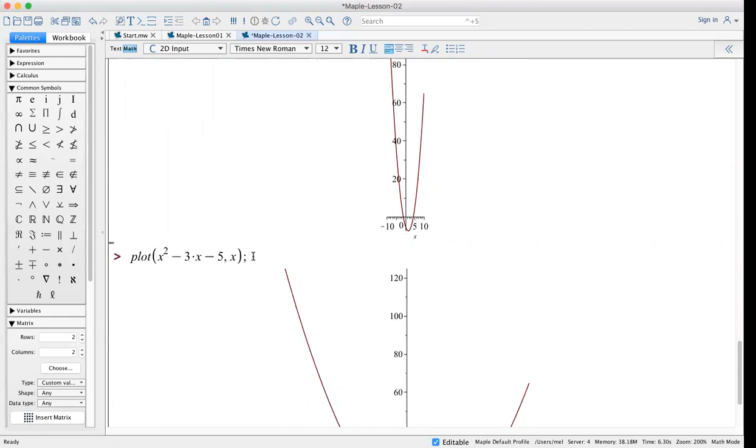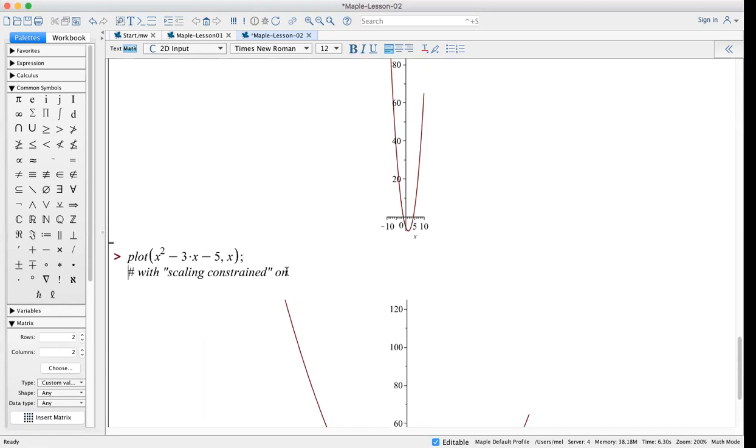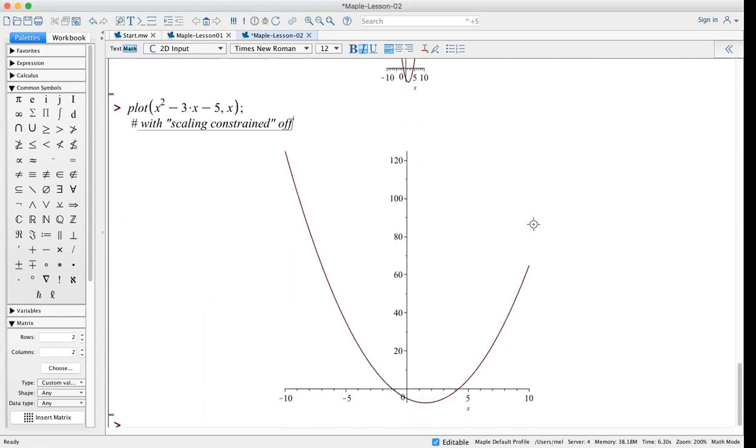And this is with scaling constrained off.